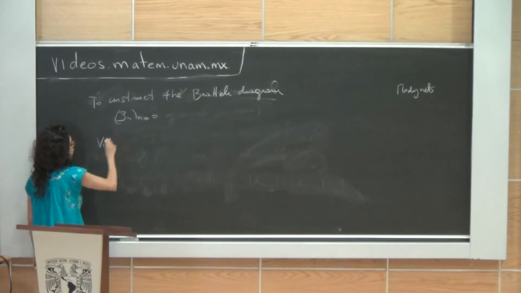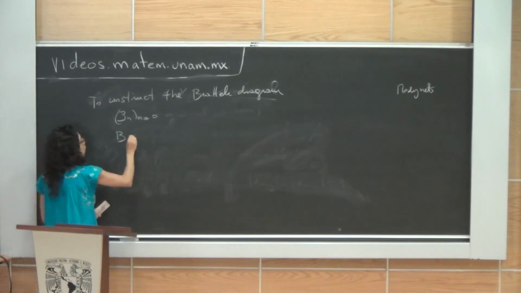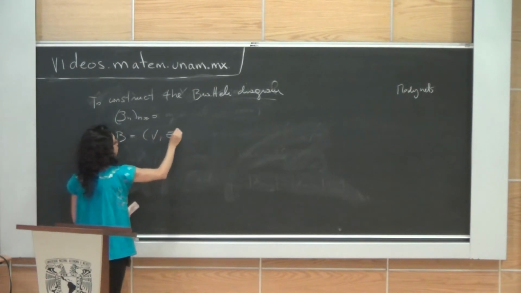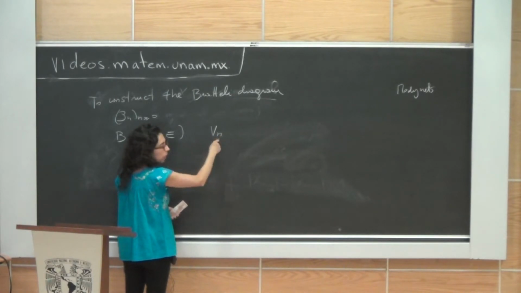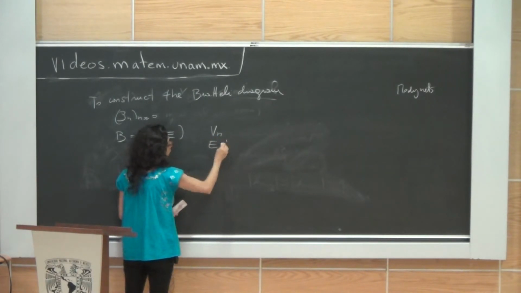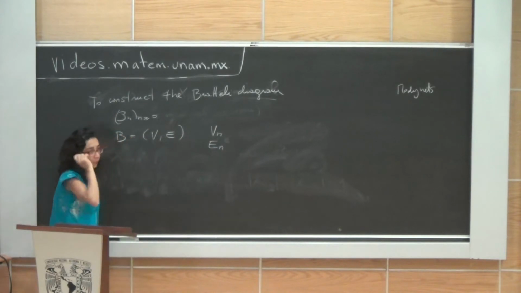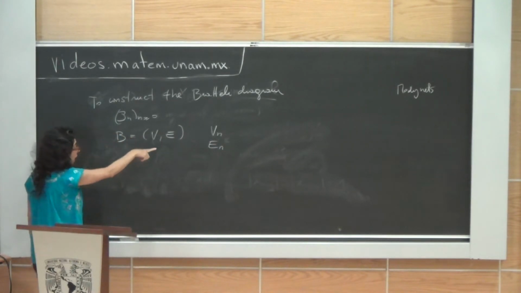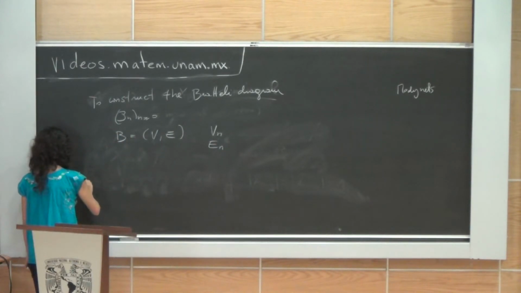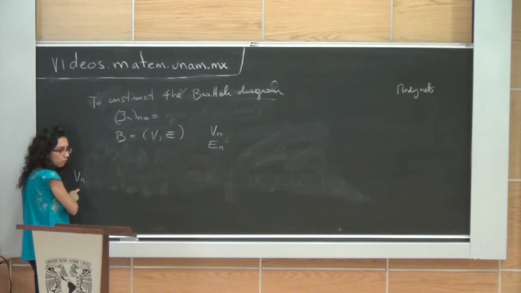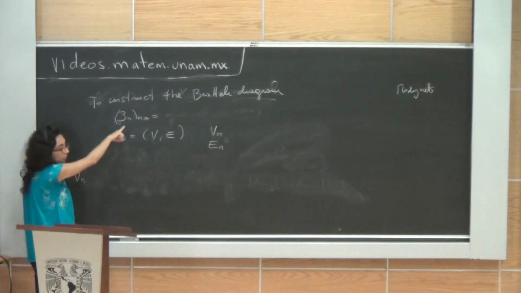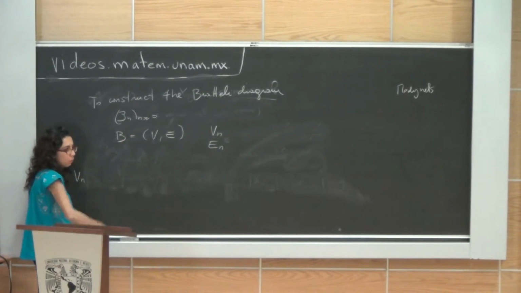Remember that in the Bratteli diagram, we need to define the set of vertices V_n and the set of edges E_n. To define V_n, we put one vertex in V_n for every tower in P_n.